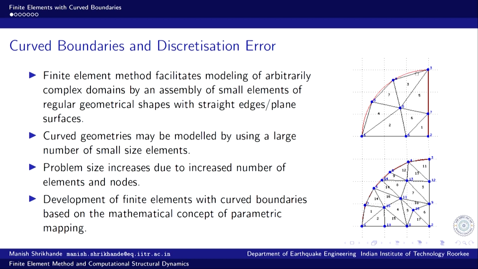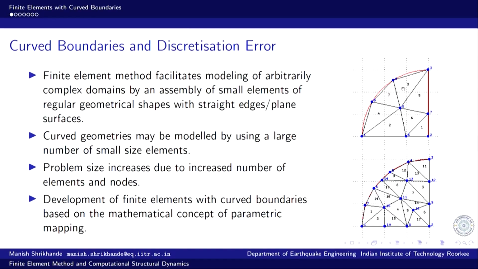This error in representation of the domain is a permanent error. This cannot be compensated in any way. No matter what I do in the interior of the element domain, whatever has been left out remains out of consideration all through the analysis.